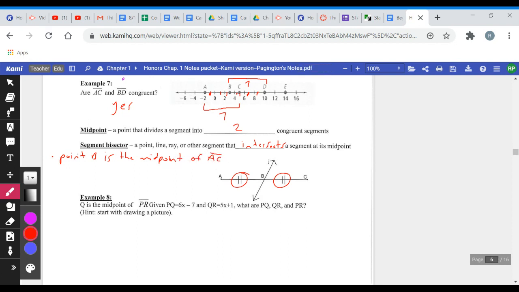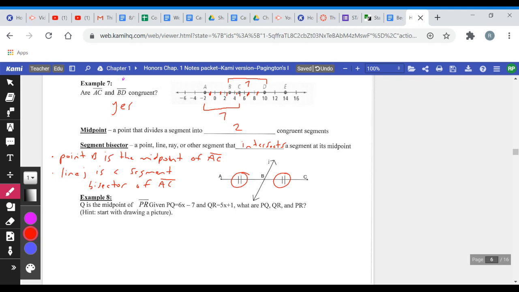Okay, so that's a true thing I could say about this picture just by the markings on the picture. Another thing I could say is that line J is a segment bisector of line segment AC. That's another true thing I can say about that information.